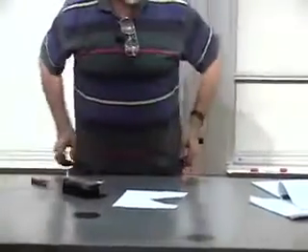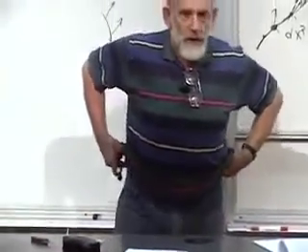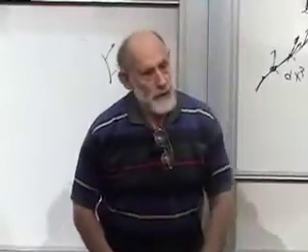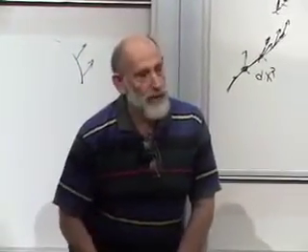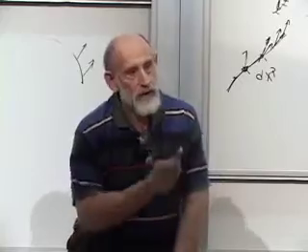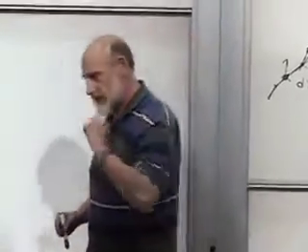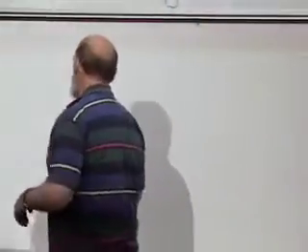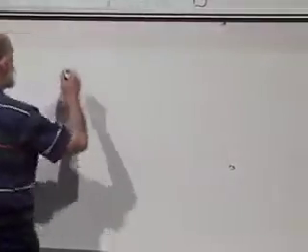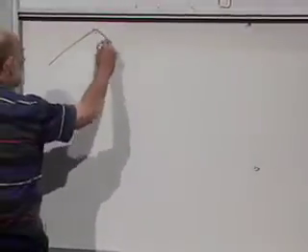So the cone is a curved space. But it's a curved space of a very special type where there's no curvature anywhere except at the tip. Let's see if we can refine that and understand it. So let's start with a cone. I'll first draw it as a cone.